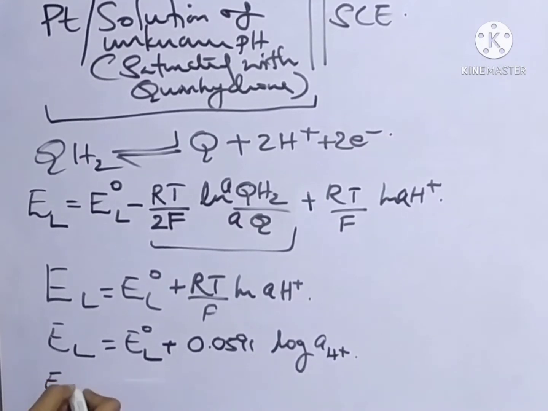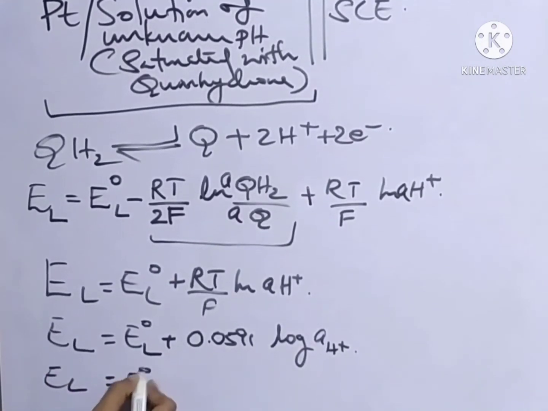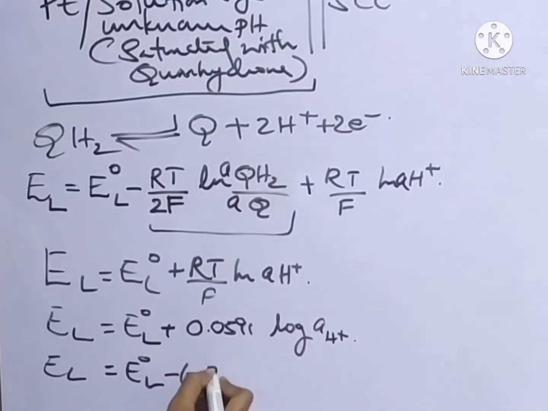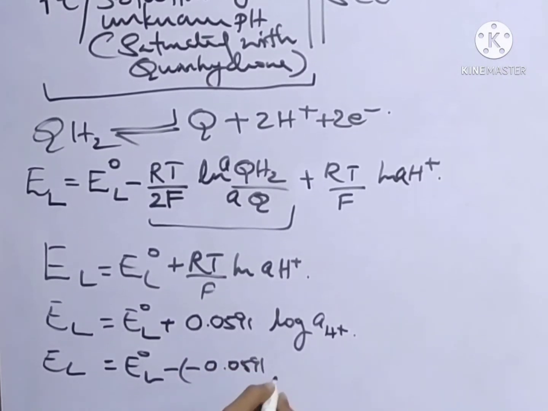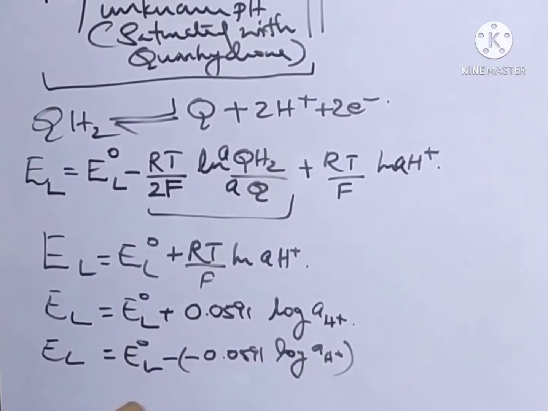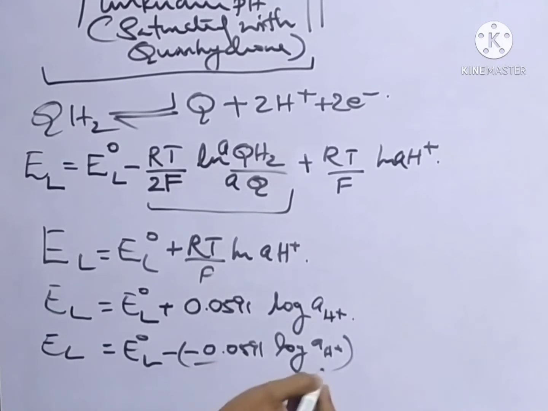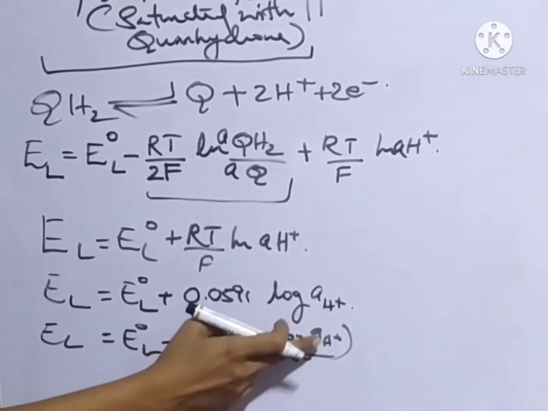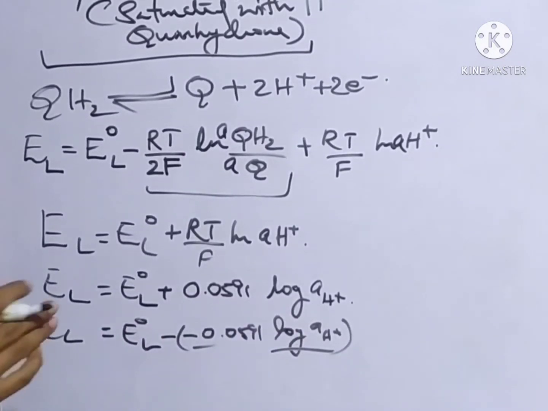If I take it as EL equal to E0L minus of minus 0.0591 log aH plus, then this minus log aH plus, the negative logarithm of concentration of H plus, is the pH value.